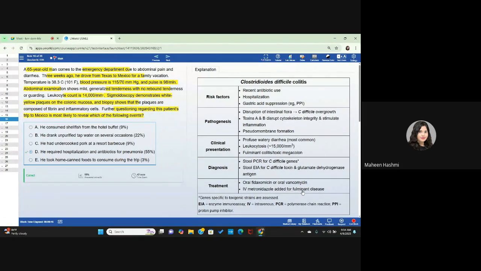What do you mean by fulminant disease? Acute. More severe.